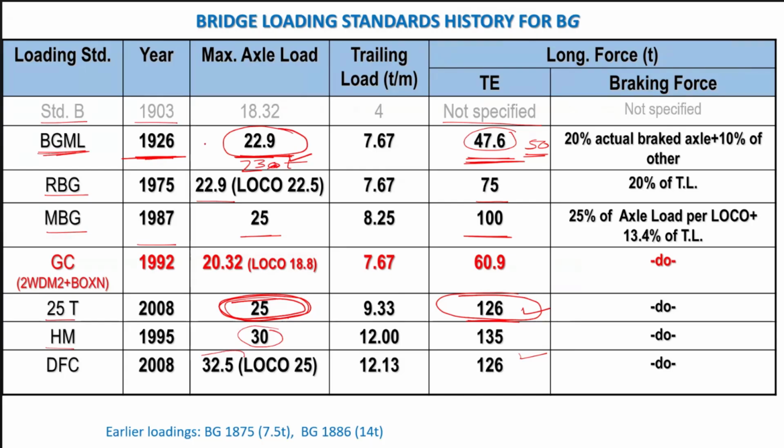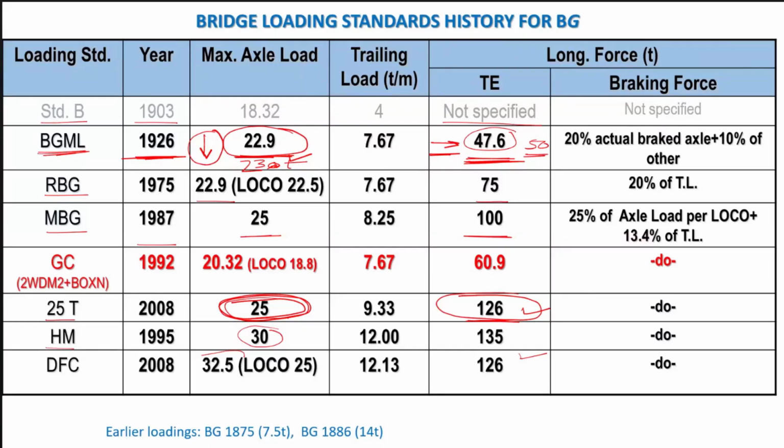It is important to say that axle load is a vertical load and tractive force is a horizontal load. The major component of vertical load is transferred to the superstructure, whereas the horizontal component, tractive force, is transferred to the substructure. So if we increase the axle load, our superstructure will be critical. If we increase the tractive force, the substructure will be critical.